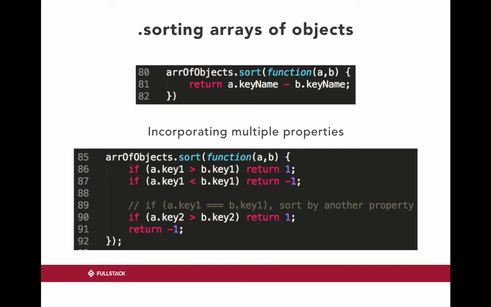Capital A, I believe, is 65. Capital Z is 65 plus 26, and then lowercase a is 97, and lowercase z is that plus 26. Then there's a whole lot of other characters, obviously, which might seem arbitrarily ordered. But if you have word strings, then you can just assume that sort will sort them alphabetically.